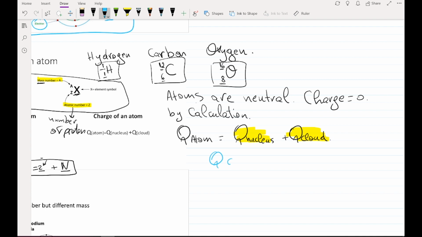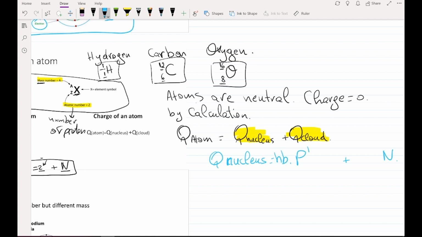Charge nucleus هي، مين عندي بالنيوكليوس؟ عندي بروتون، نيوترون.